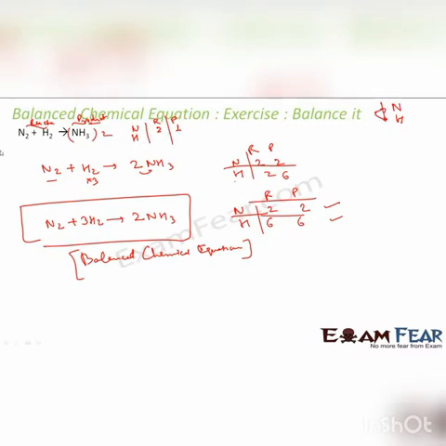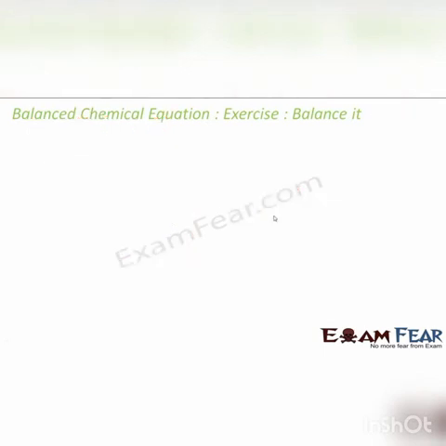It was not balanced. There were 2 nitrogens here and 1 nitrogen there. So I multiplied the product side by 2, because the product side had only 1. I got this equation. Checking again, nitrogen was balanced but hydrogen was not. The reactant side had only 2 hydrogens, so we multiplied by 3. Then we checked, and yes, everything is balanced. Thus I got a balanced chemical reaction.